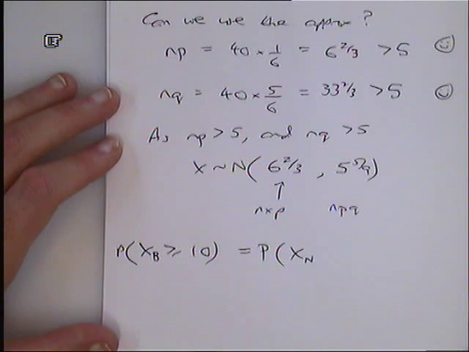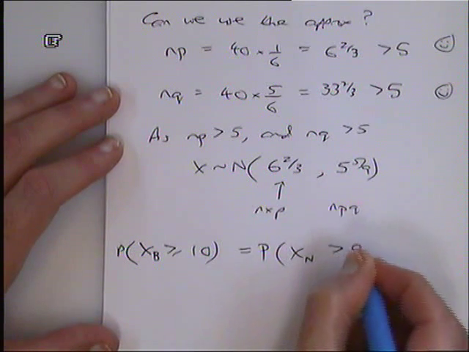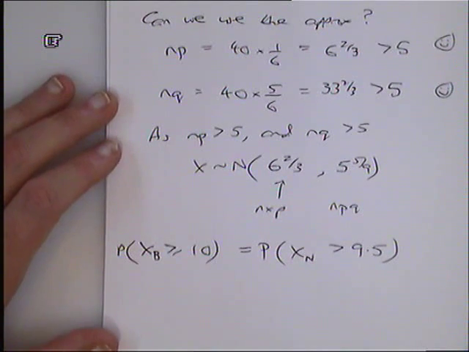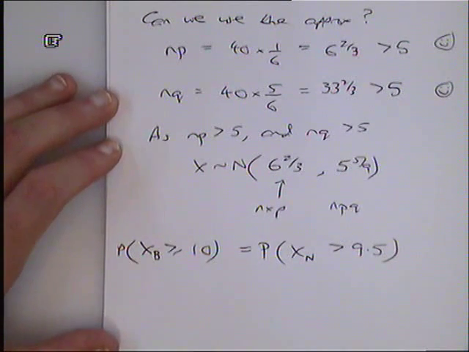What do you think that will be if we switch from discrete to continuous? Where does 10 start? 9.5. Okay. 10 goes from 9.5 to 10.5, doesn't it? That's what you've got to assume, really.